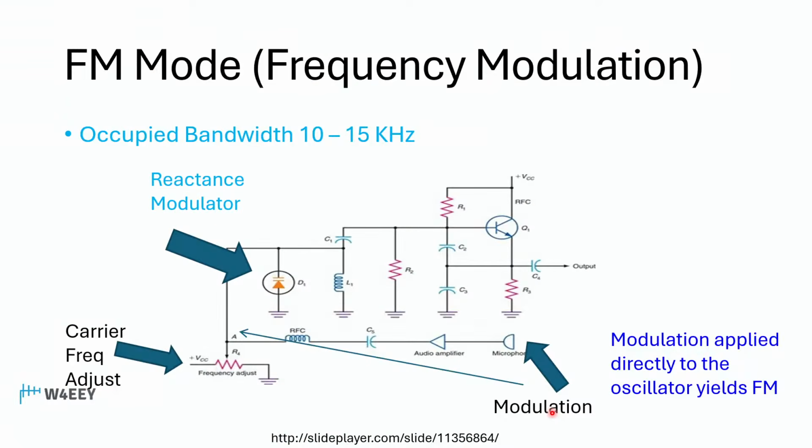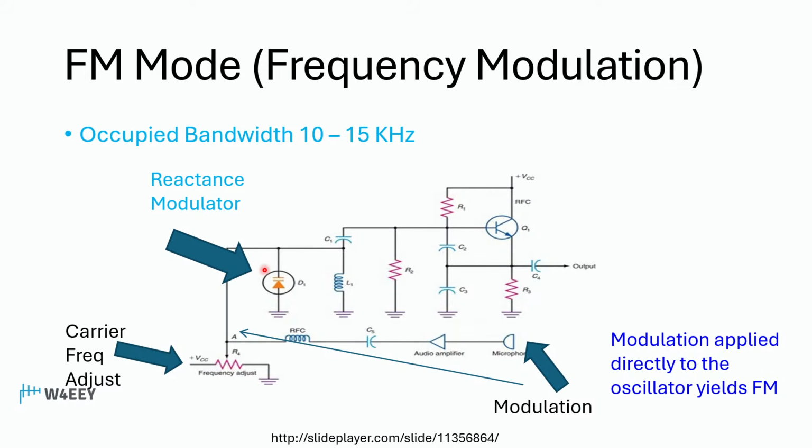All right, let's move on to another modulation mode with the HTs that we talked about, for example, and even there are mobile radios and home radios as well that use FM. FM is where you have modulation. Here's your audio modulation. This is a microphone that comes in, is amplified through an amplifier, and directly modulates, in this case, a varactor diode.